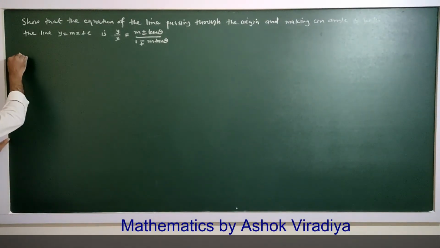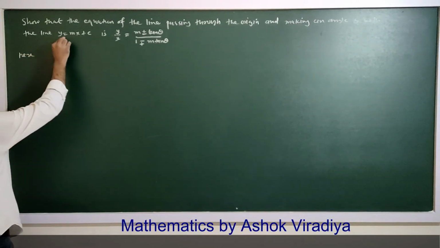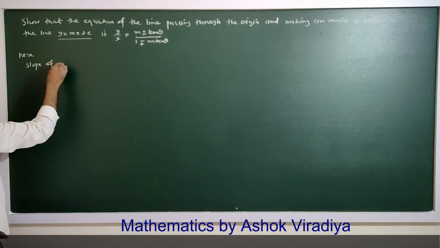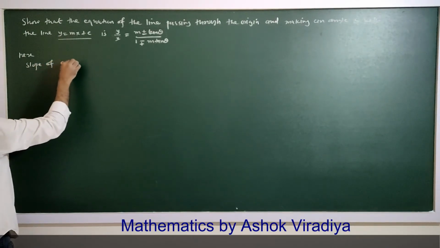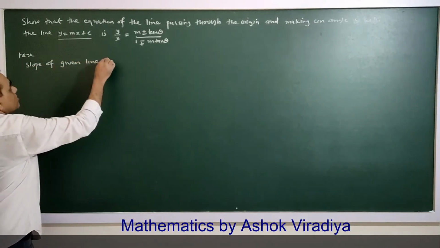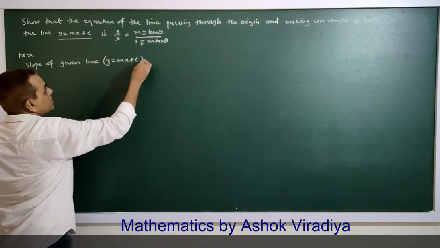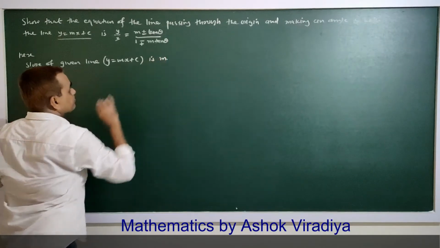So here this is given line. So slope of given line y equal to mx plus c, its slope is m.